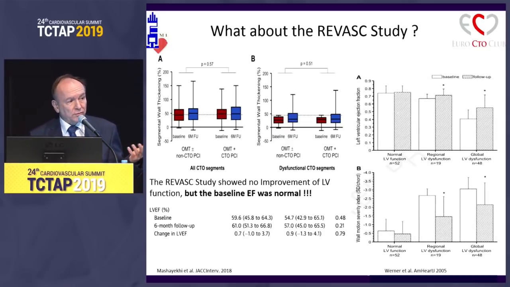That's shown already many, many years before, not only by us, but also by others. If you look at patients with normal LV function, of course, there is no improvement also in regional wall motion. But if you have global and regional dysfunction, then you will have changes.